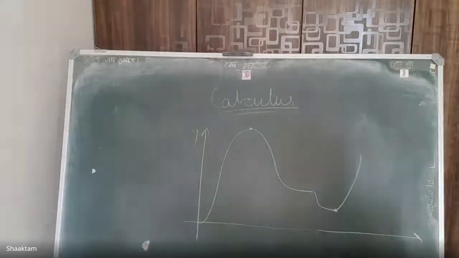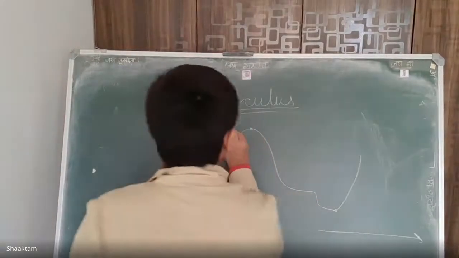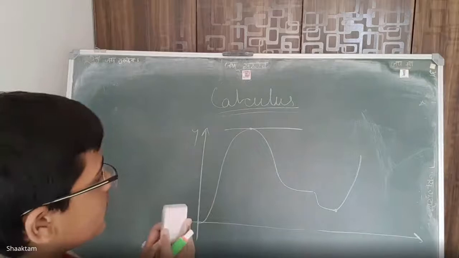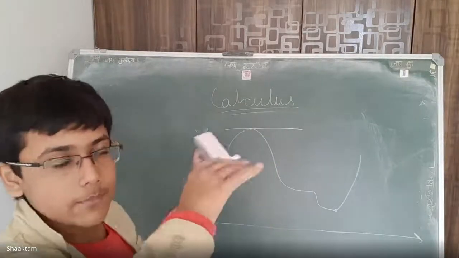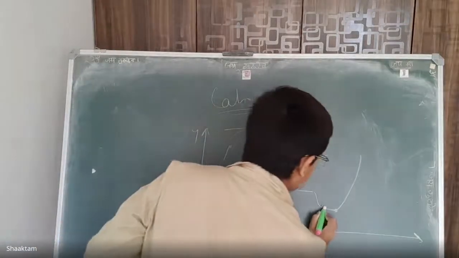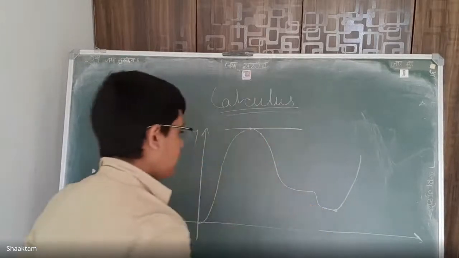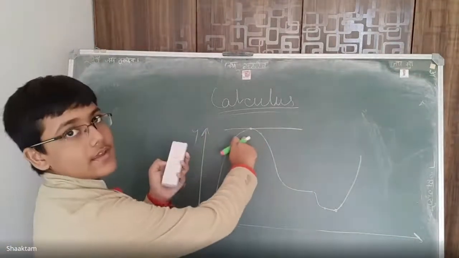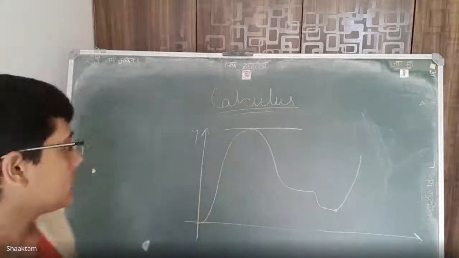Let me do now. What you can see is, let's draw tangent. The tangent to this point will be this. Now, what I want you to do is, just before it becomes maximum, and just after it becomes maximum. Similarly, just before it becomes minimum, just after it becomes minimum. Note the slopes. Means note them down at a point just before and just after maximum, just before and just after minimum.